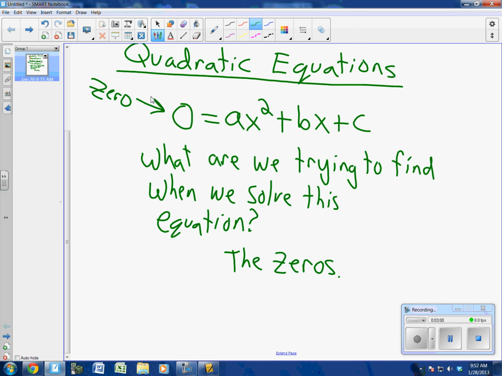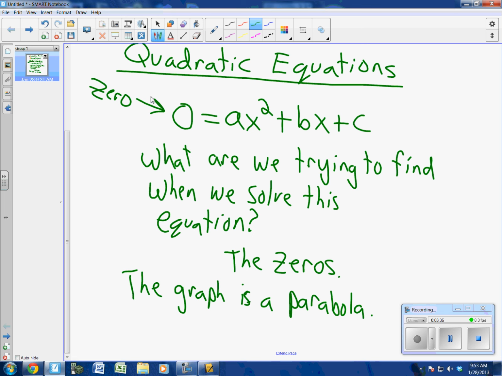Well, what are zeros? Yeah, on the graph. By the way, what shape does a quadratic function make? The graph is a parabola. The zeros are what? Say that really loud, Alex.